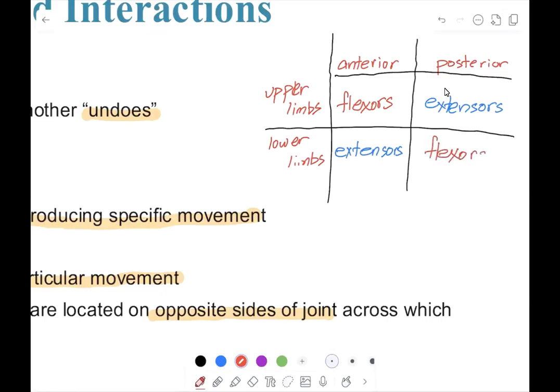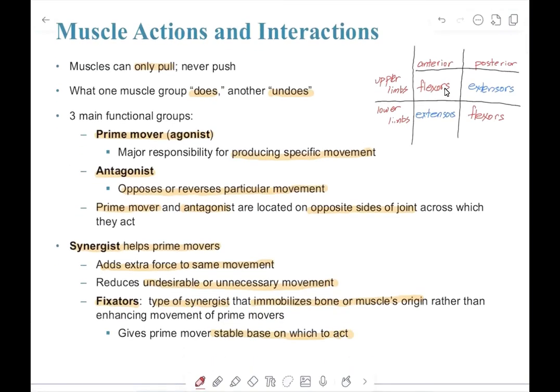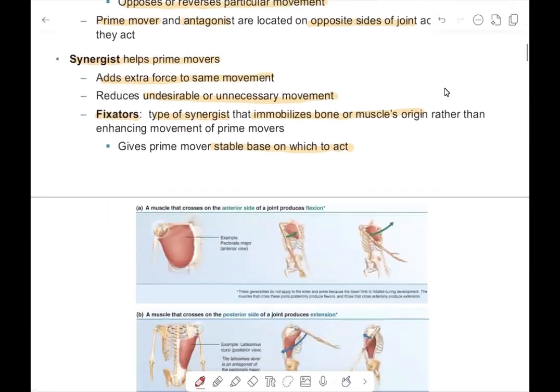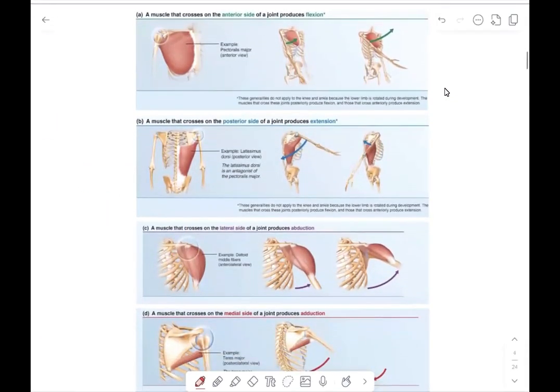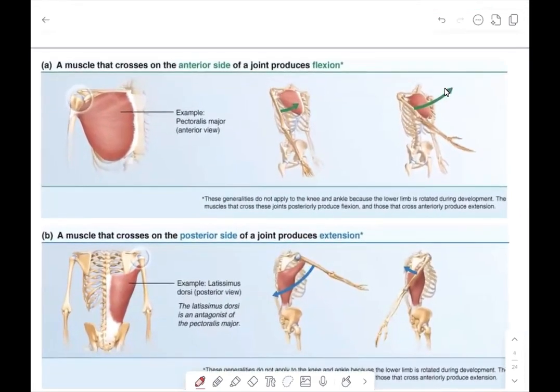So that's a nice generalized way to remember their function. But remember, when you describe the function, you also have to include the joint that it's working on, especially for lab.